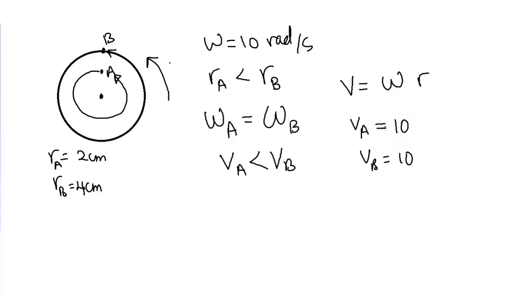In this case, vA will equal 10 times, we need to convert from centimeters to meters, 0.02 meters, and the radius of B is 0.04 meters. In this case, vA will be 0.2 meters per second, and vB is 0.4 meters per second.